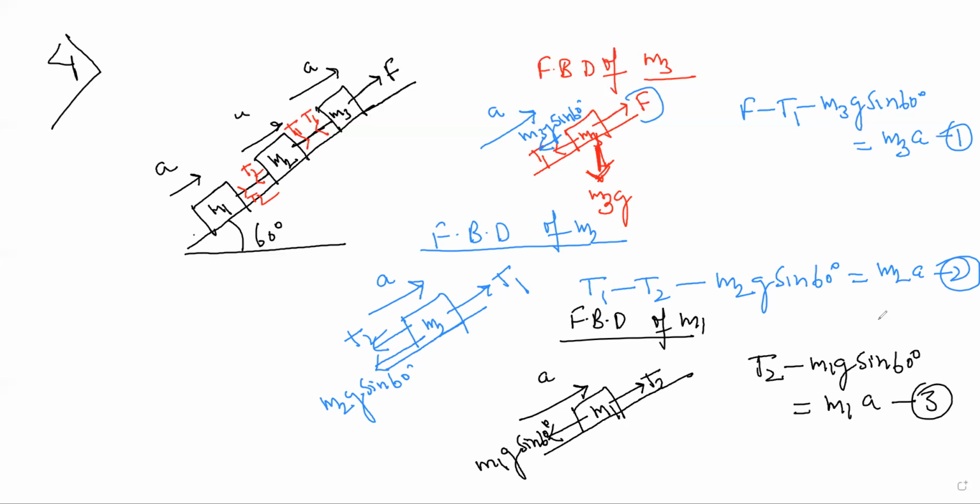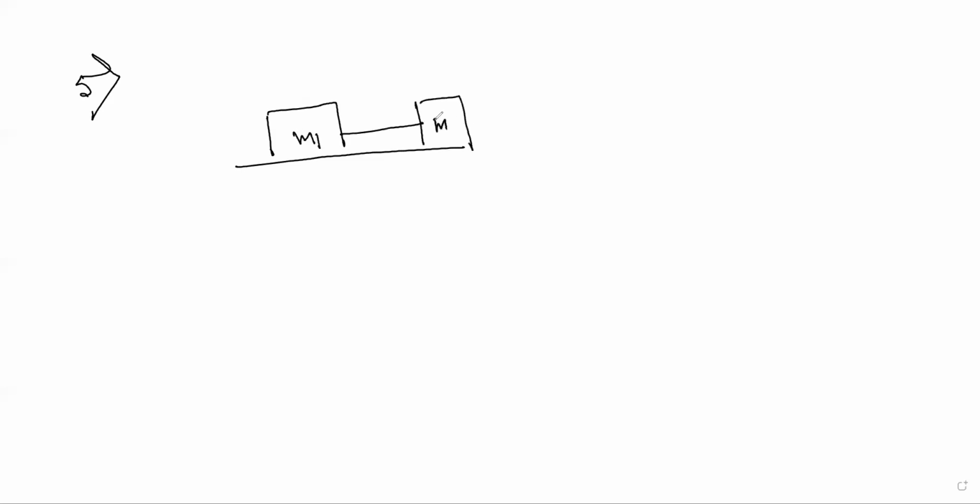Now, I am also going to discuss some more questions. Fifth question: suppose three blocks are connected. This is M1, this is M2, and this is M3.